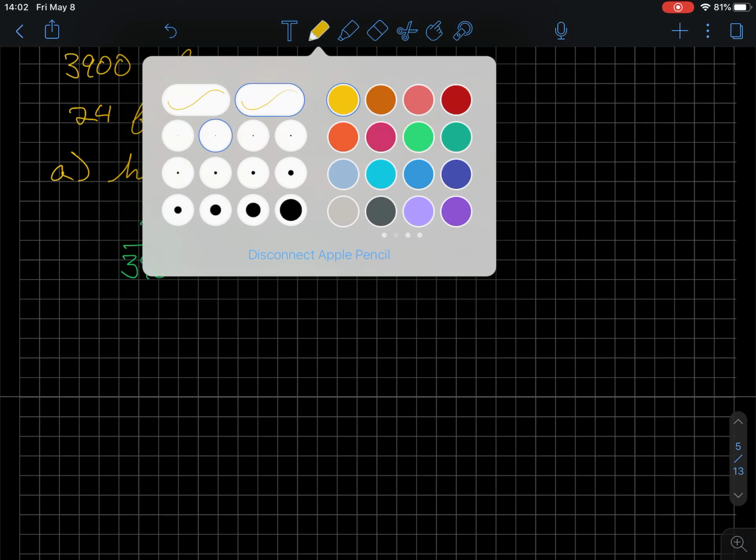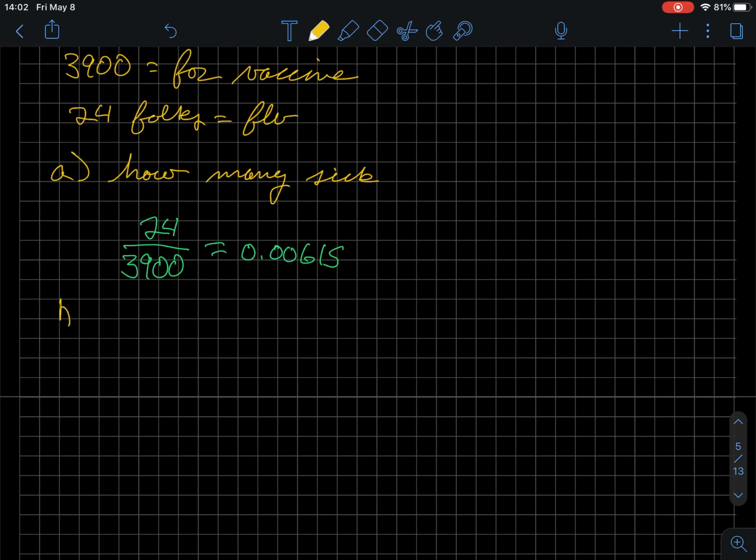Part B asks a different question: find the standard error of the estimate. Recall that the standard error formula is the square root of p-hat, the estimate, multiplied by its complement, divided by n.